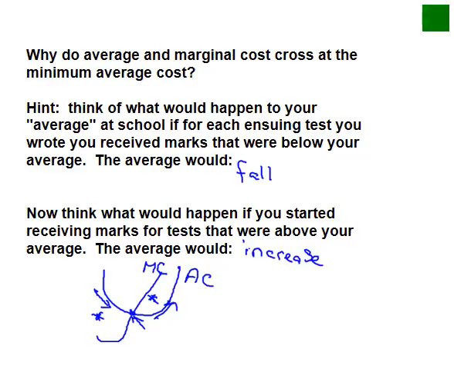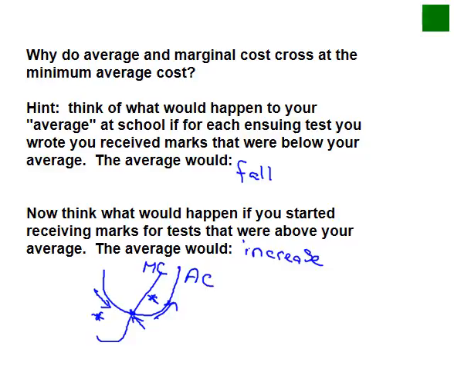So if we think instead of marks, and we think again of costs, and we look at the 2 curves, we have average cost, and we look at marginal costs. If we're dealing with over here, where marginal costs are below average cost, your average is going to fall.